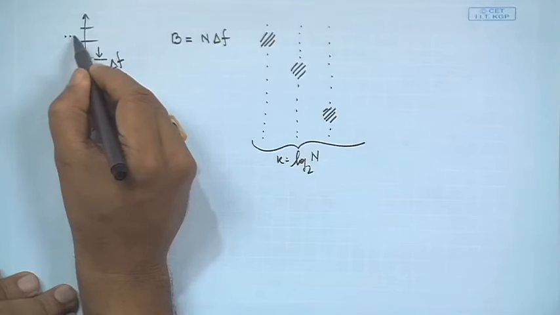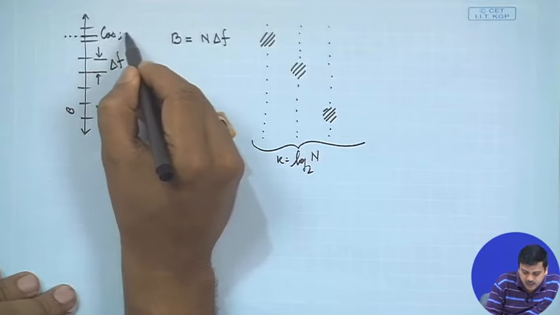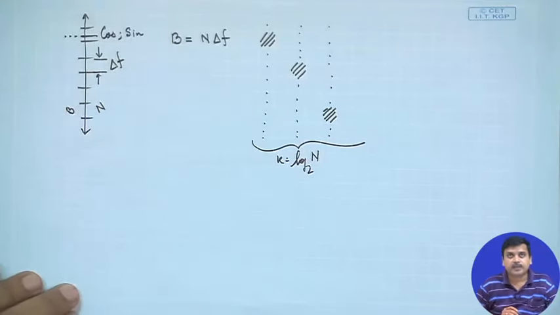Whereas, if you are doing QAM, that means if I am choosing this center frequency, I would use a cosine and I would use a sine. In that case, each band would have 2 dimensions, and we have n bands over here.